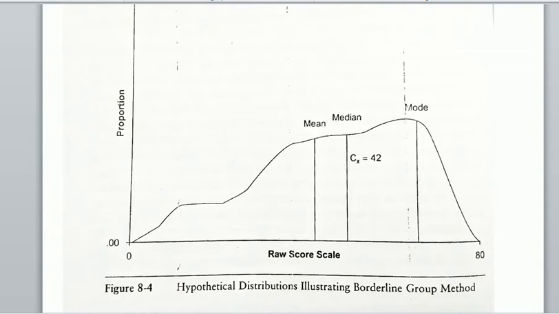On the x-axis the raw score scale runs from 0 to 80, and the mean, median and mode will be calculated. This is a hypothetical distribution illustrating the borderline group method, in which the median will be the cut score of these calculations.